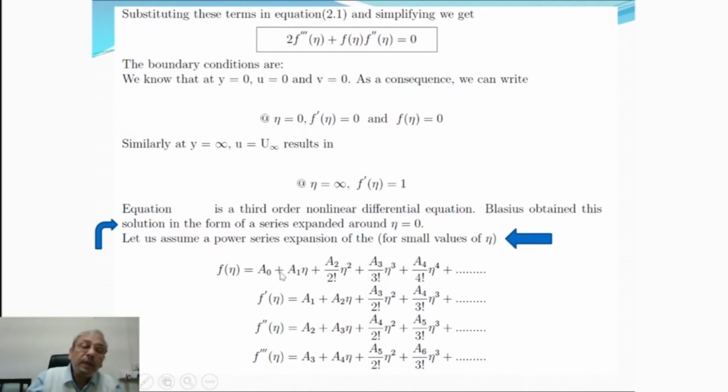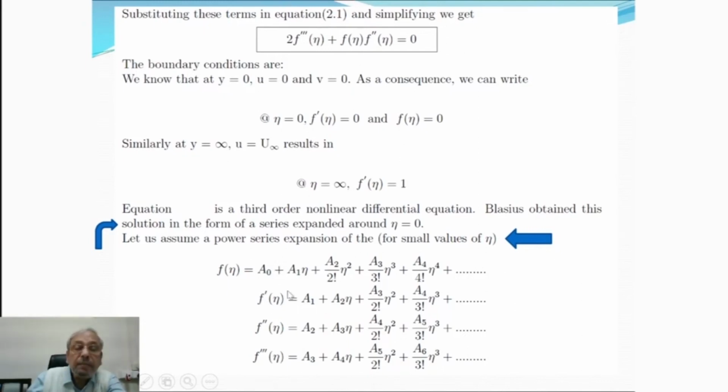So we have taken the power series as a naught plus a1 eta plus a2 by factorial 2 eta square plus a3 by factorial 3 eta cube plus a4 by factorial 4 eta 4, and higher order terms, but this is a convergent series.